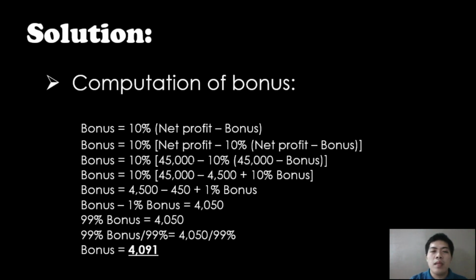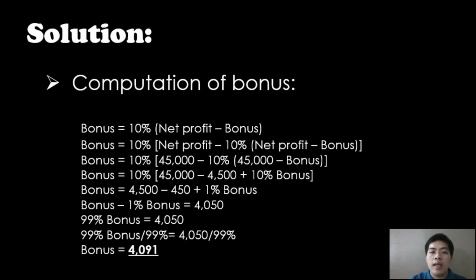Okay. Then, simplify yung term, i-distribute. Unahin muna dito sa parenthesis. Parang simple algebra lang naman siya. So, 10% na negative, then we have it times 45,000, then times negative bonus. So, we can have it 45,000 minus 4,500 kasi negative times positive, we have negative. Then, negative times negative, we have positive 10% bonus.